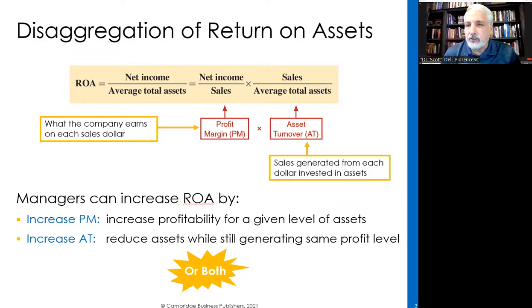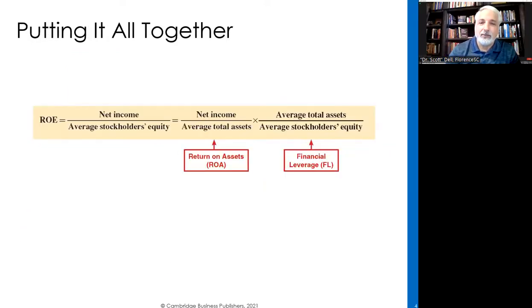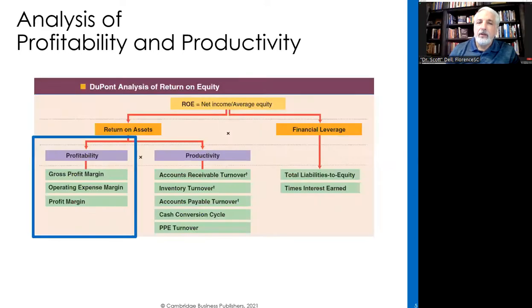That's probably going to be a little bit more to internalize, but I have full confidence in your capability of accomplishing that. So again, this is the bottom line picture of when we had the DuPont method. Return on equity, net income over average assets, the ROA, times the financial leverage of average total assets over average shareholder equity. Now we're going to be getting into some more ratios here.